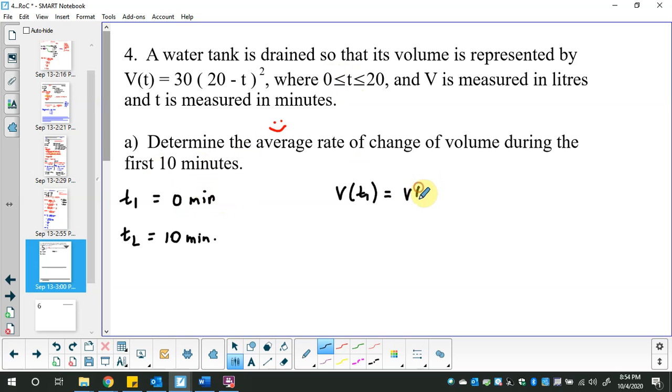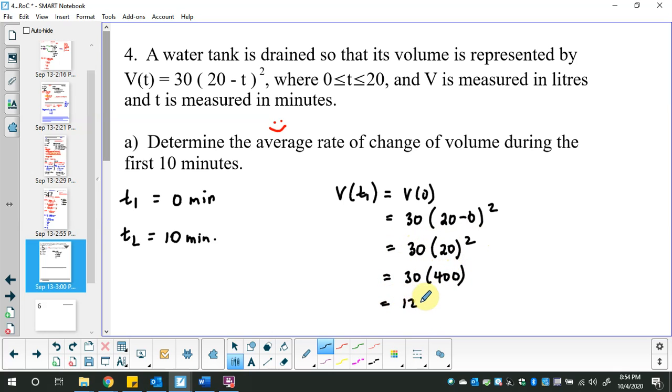So now I can put 0 in. 30 times 20 minus 0 squared. That's 20 squared. 20 squared is 400. And that's 12 with a 0 and 2 more zeros, and that's liters, just so I remember.